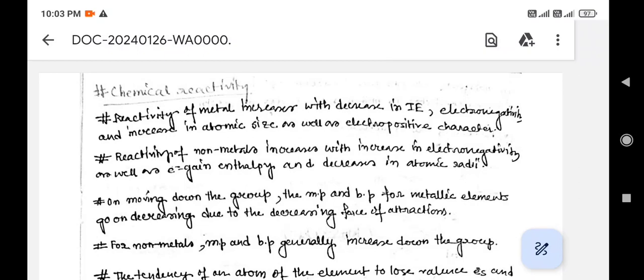When their ionization energy value is high, it means they seldom show electron removal from their outermost orbitals.